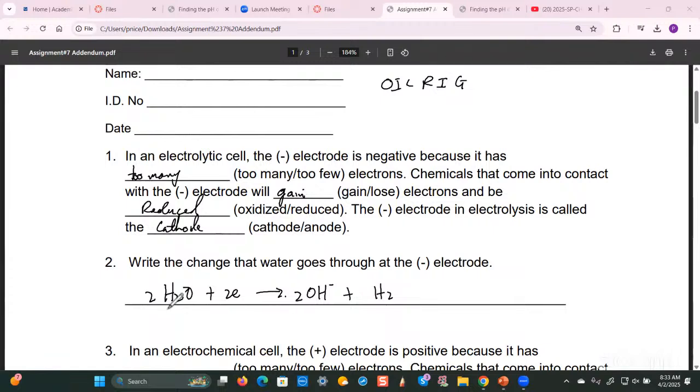Wait a minute. 2 here, so that's 4 hydrogens, 2 oxygens. Oh, okay, so that's balanced, all right? So that will be the equation for the reduction of water that takes place at the cathode.